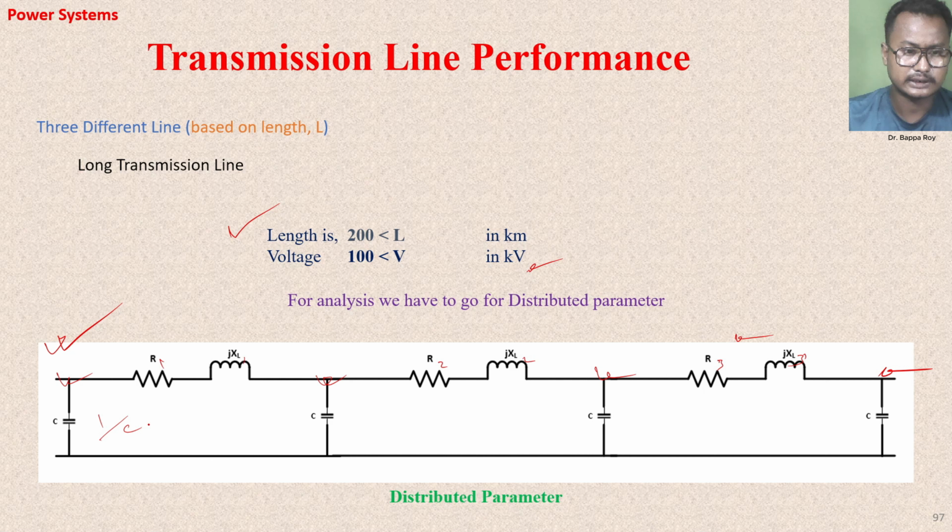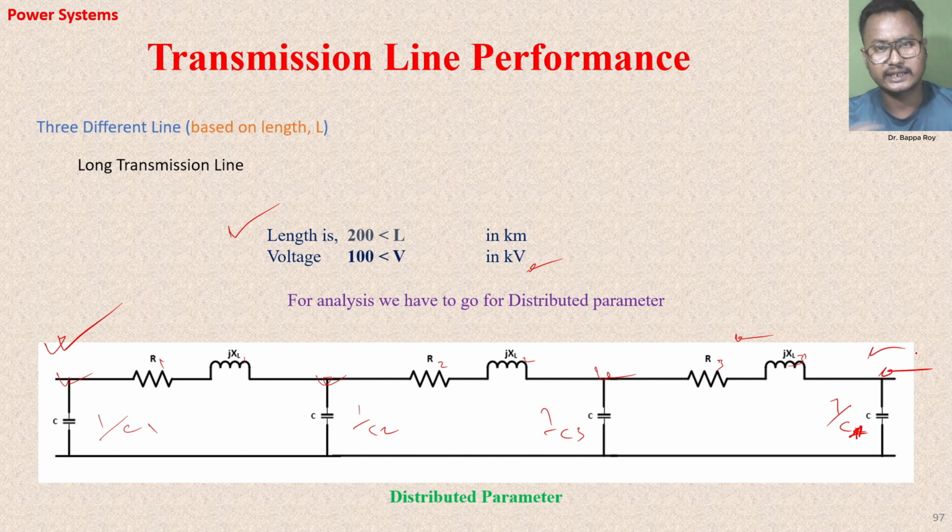For C, it will come as C1, C2, C3, C4, like that. We are not going into details in analysis. Maybe we will come with a different lecture video for specific short, medium, and long transmission line analysis.